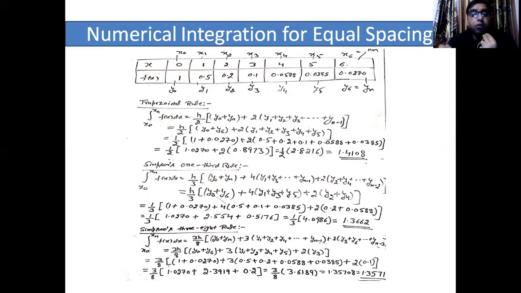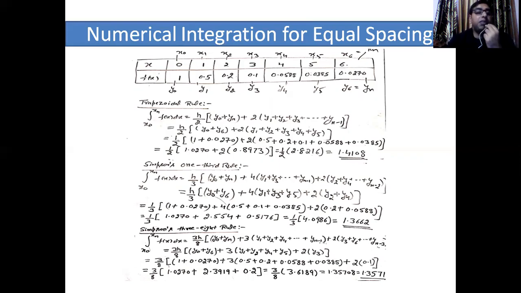In Simpson's 1/3 rule, 2 is multiplied by the suffixes which are a multiple of 2. So Simpson's 1/3 rule is applicable when the number of intervals is a multiple of 2. And in Simpson's 3-8 rule, 2 is multiplied by the function values which are a multiple of 3, so it is applicable when the number of intervals is a multiple of 3.